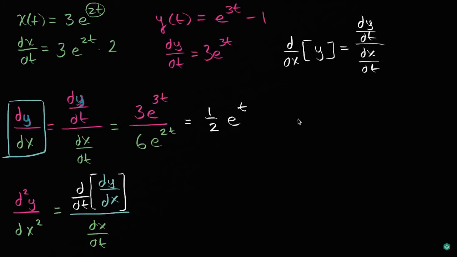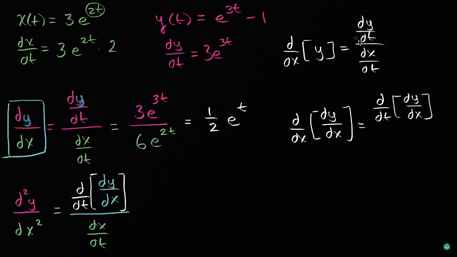Now, we want to find the derivative with respect to x of the first derivative with respect to x. And so everywhere we saw a y here, replace that with the first derivative. So this is going to be equal to, in the numerator, the derivative with respect to t of dy. He's kind of repeating himself, but that's good.